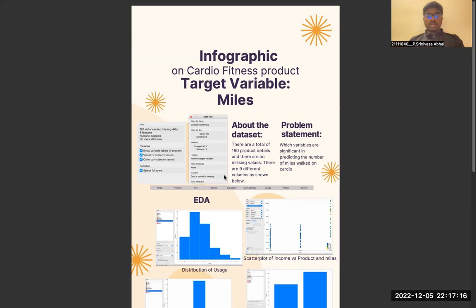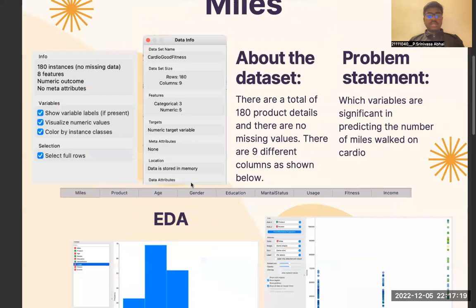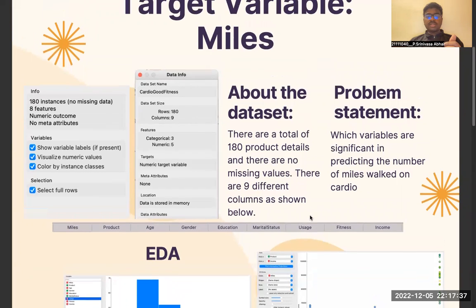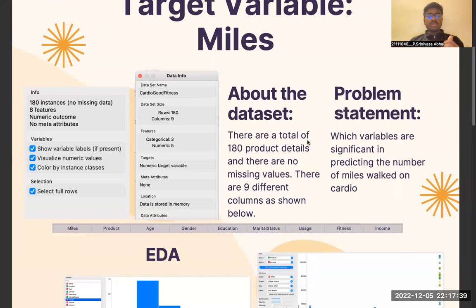There are a total of nine features, of which miles is the target variable. The problem statement is how the rest of the eight features, like product, age, gender, education, marital status, etc., will affect the number of miles walked.